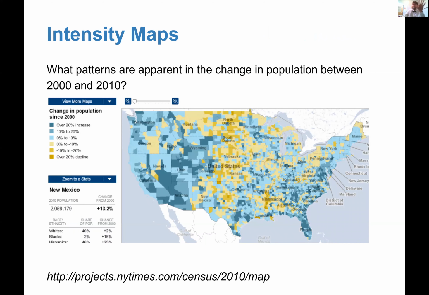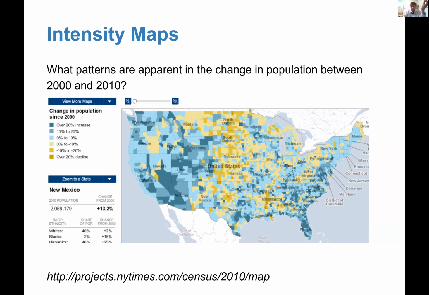All right, one last visual way of displaying data is what's called an intensity map or a heat map. In this case, this is an example of looking at how populations changed from one census to another. The yellowish, and especially the dark yellow, means that the populations were going down.